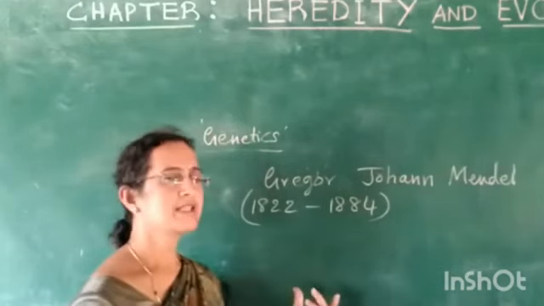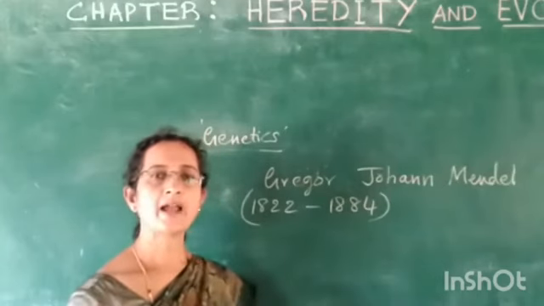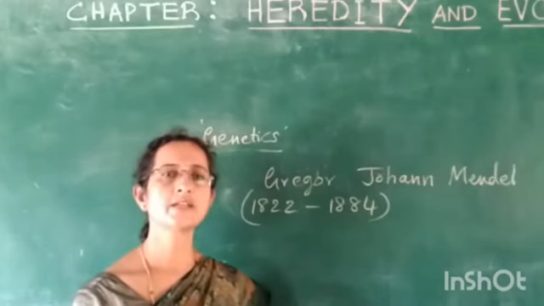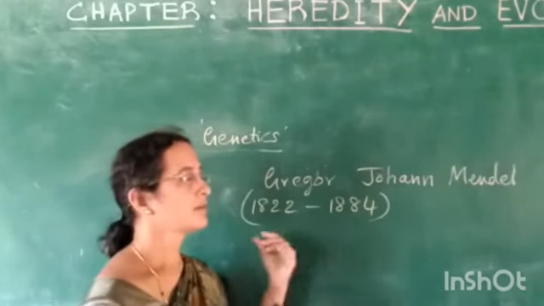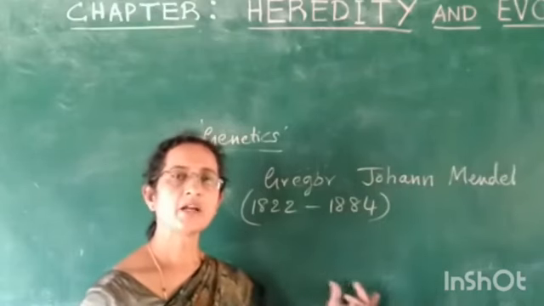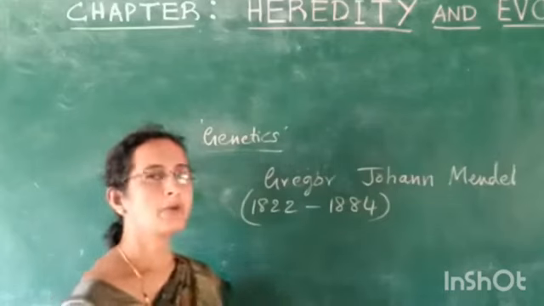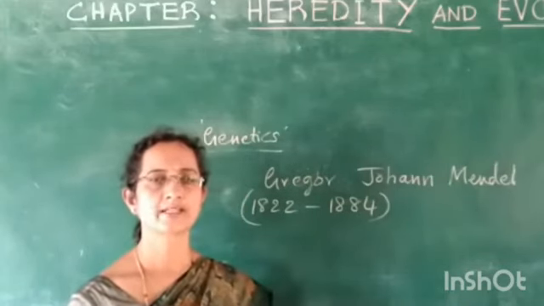Whatever seeds he obtained in those pea plants, he used to collect and count those seeds, and he made a tabulation using his mathematics knowledge. So Gregor Johann Mendel could formulate some of the laws of genetics.